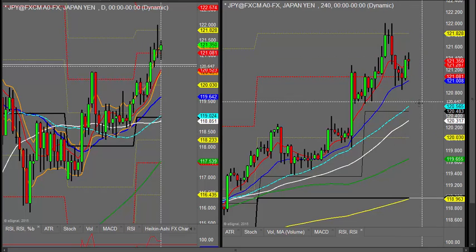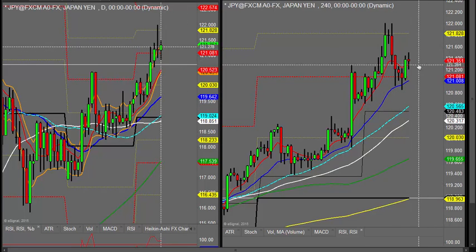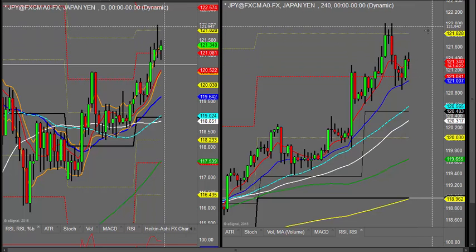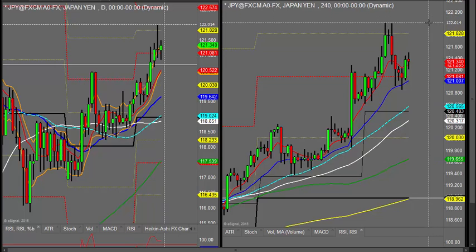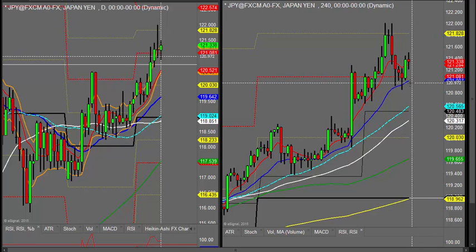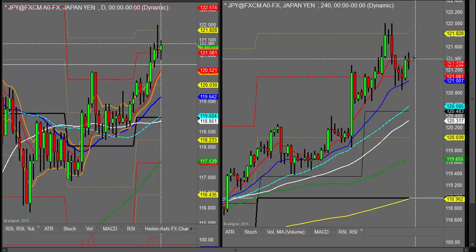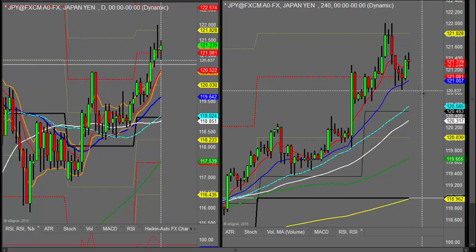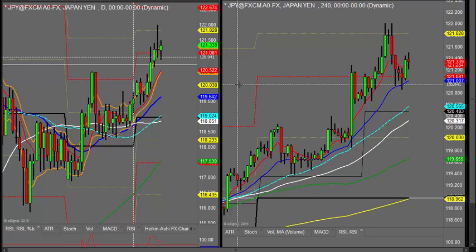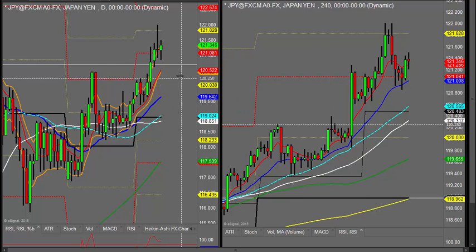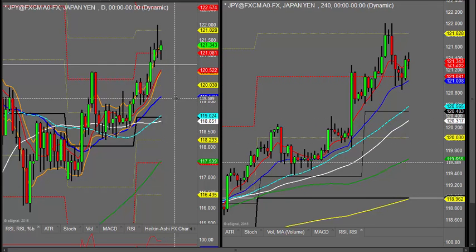It's whether or not it can continue in this mode, but last few hours I've seen it weaken somewhat again. Now, of course, if it does run back up towards those levels, there is quite a bit of resistance around that 122 area. May sell off again, but we are in a short position actually, some of us, and looking for a continuation really to the downside, much bigger correction, but maybe the current market may be looking a bit hopeful with the dollar being so strong.